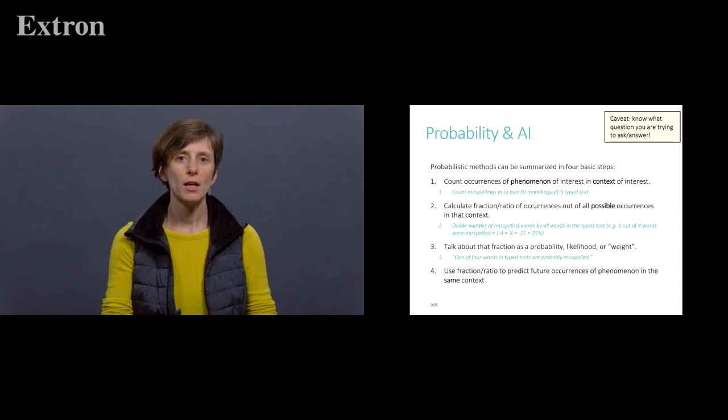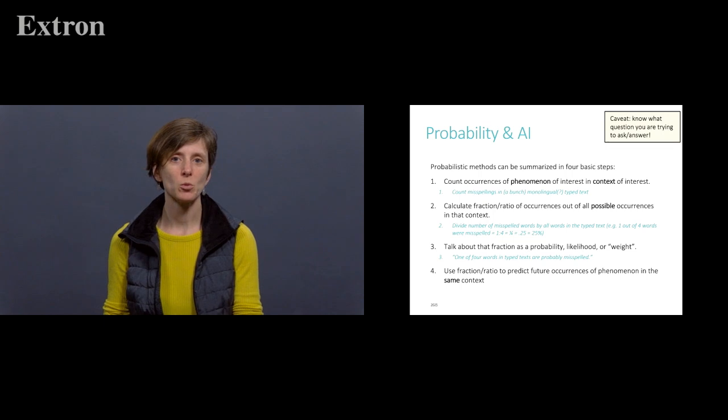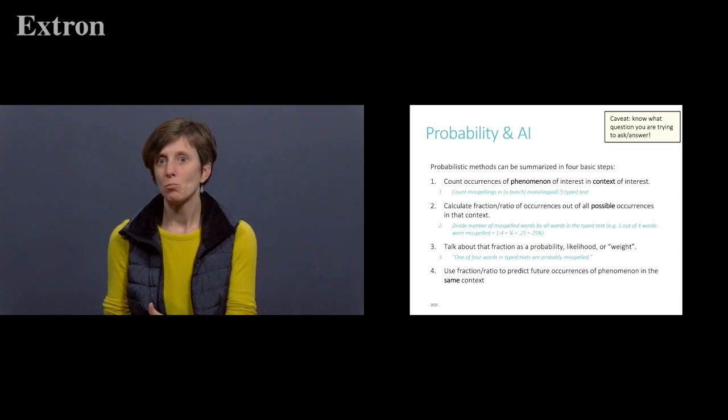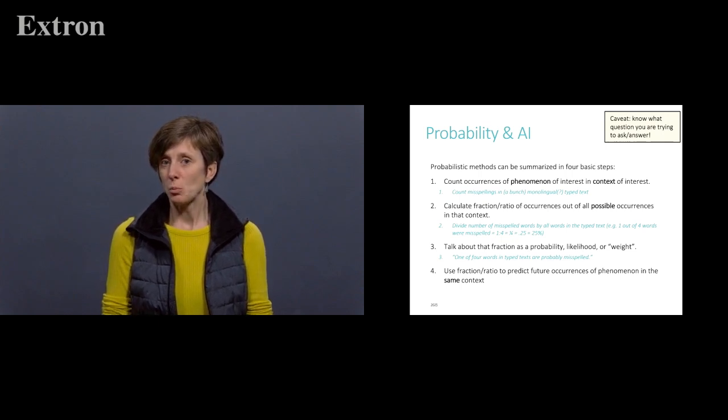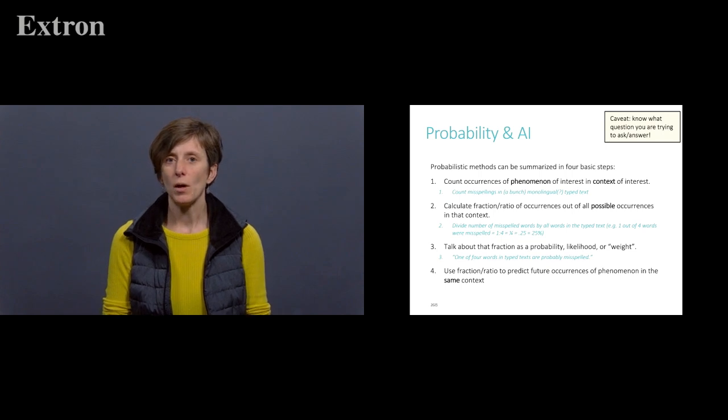The more occurrences you look at and add to your count, the closer your fraction, or your ratio, is going to get to the actual reality of the coin. So after 100 or 500 flips, you're going to find that it's pretty close, if it is a 50-50 weight, to 50%.